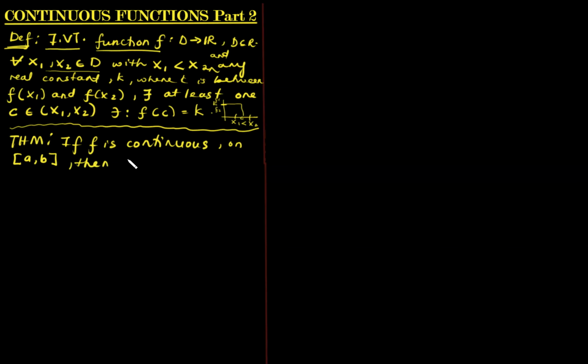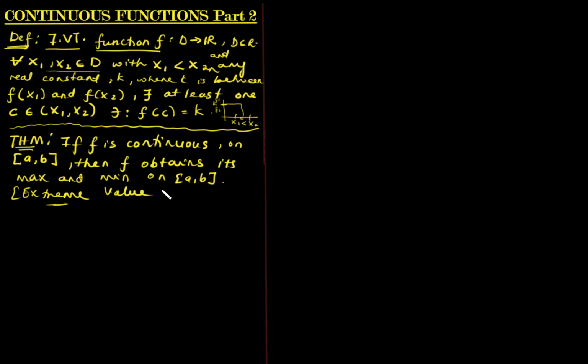Then we will say f achieves, or obtains, or attains, whichever word you want to use, its max and min on the interval [a, b]. This theorem is called the extreme value theorem, that's why maximum and minimum.